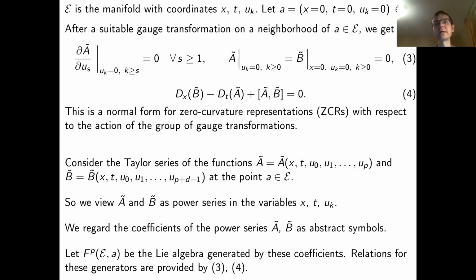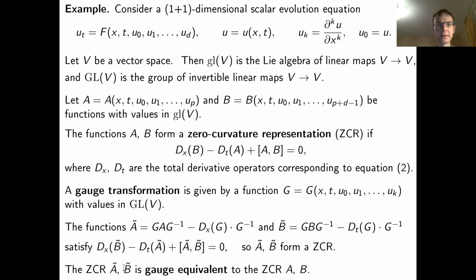So we have the action of the group of gauge transformations on the set of all zero curvature representations, and it determines an equivalence relation on the set of zero curvature representations.